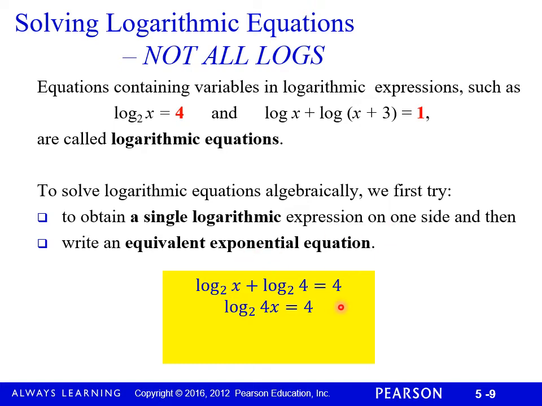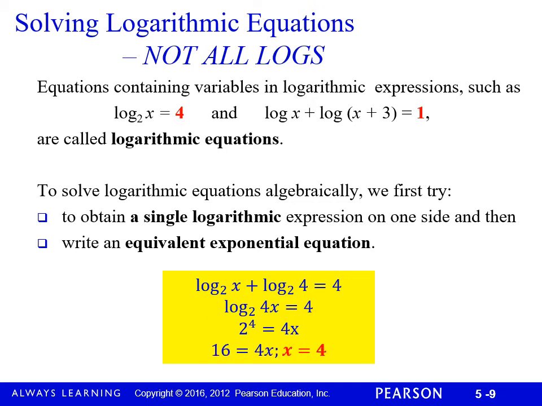Now we convert it to an exponential. Once we have a single log equals a number or a variable, we convert this back to an exponent. Remember, our base is 2, our exponent is 4, and our answer is 4x. You should know how to convert between logs and exponents by now, by this section.